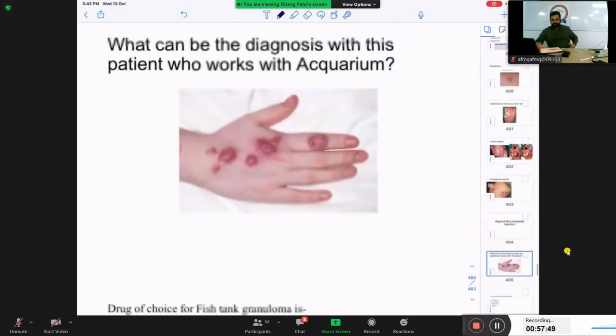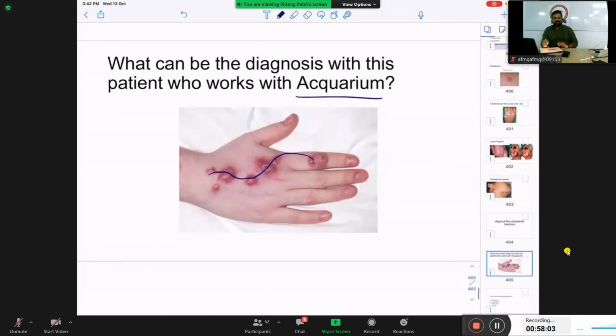So see this. Similar photos you will see for sporotrichosis also. After the trauma, as you can see, there are linear ulcerations along the lymph node. But as I told, I will give you some history that this person is working with the aquarium. So what is the causative agent of fish tank granuloma?